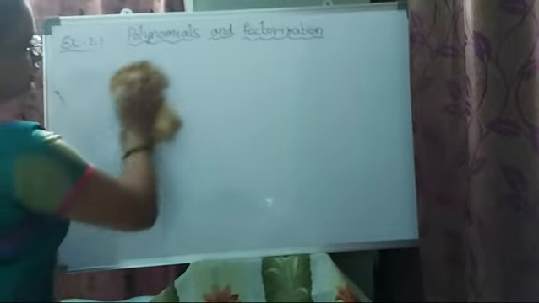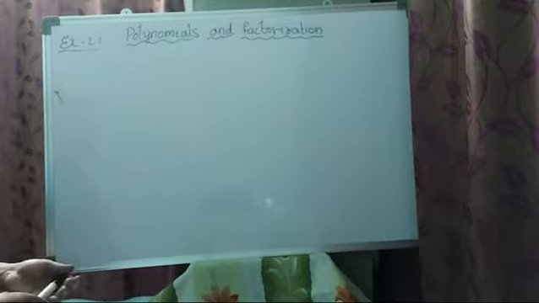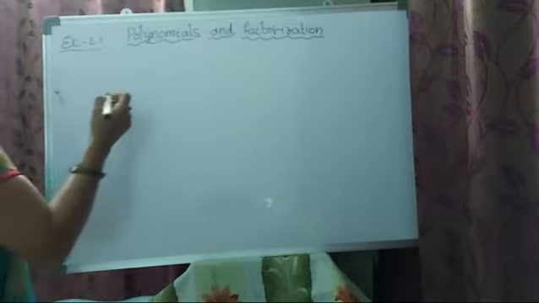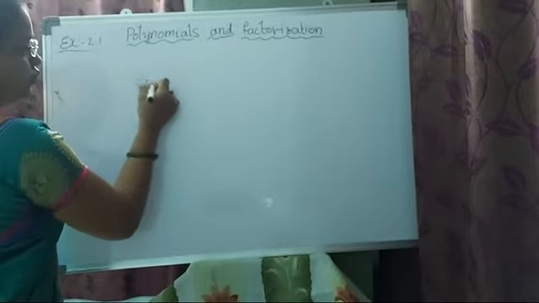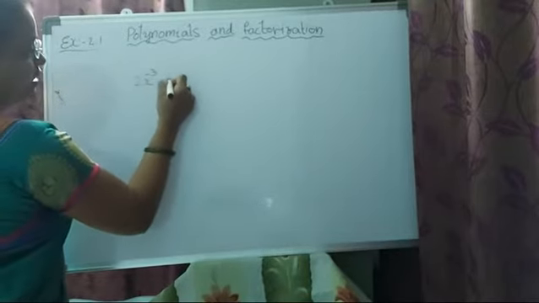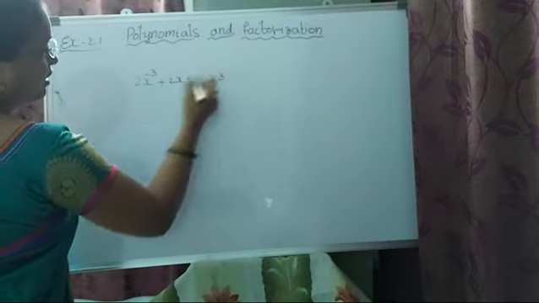Before going to the fourth Roman, first I want to discuss what polynomials are. First of all, what is a polynomial? We already discussed that. It has non-negative integral powers, for example 2x power minus 3 plus 2x plus 4 plus 3, like that.